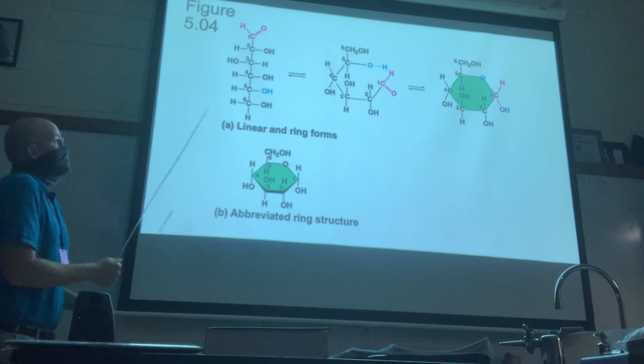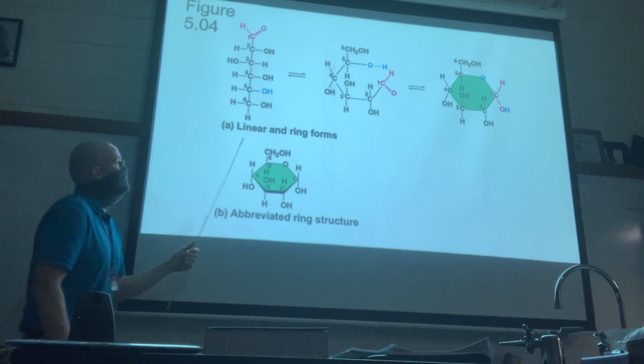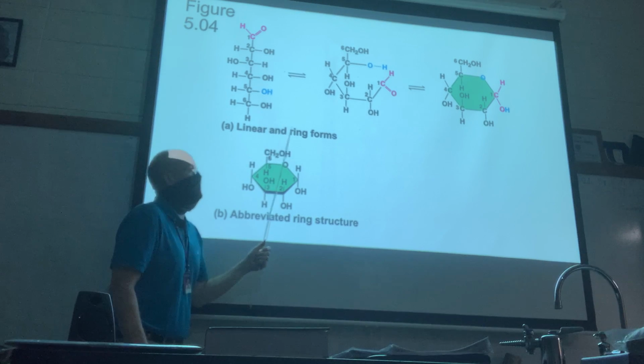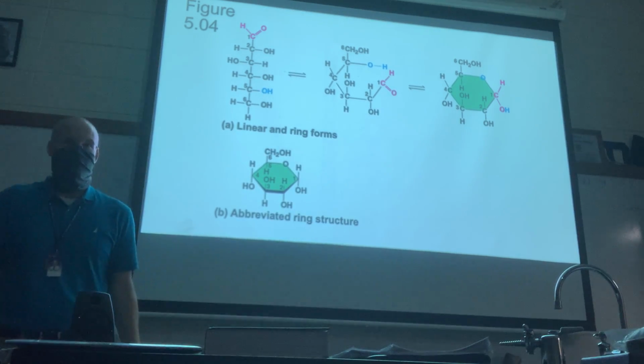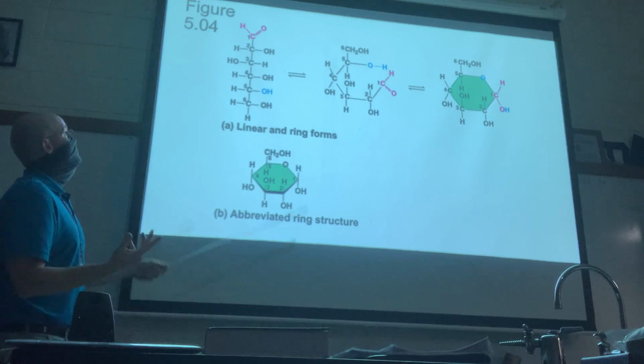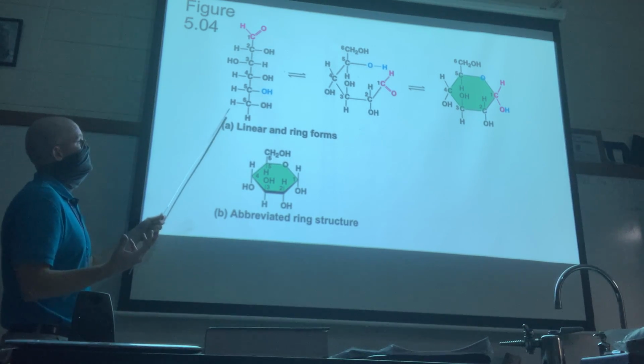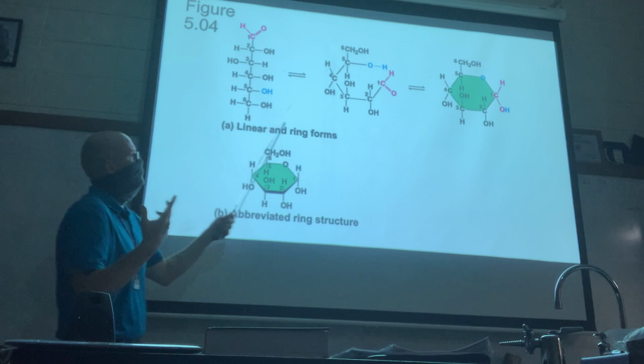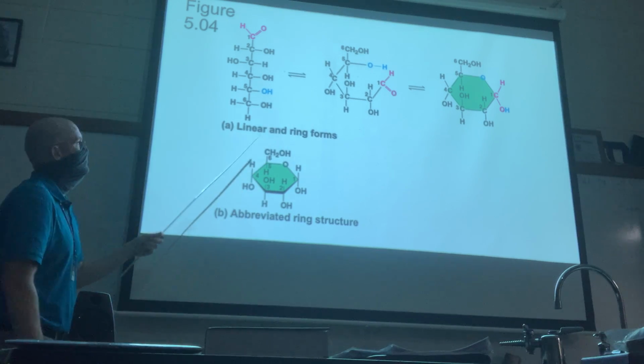Okay, so here you see these 2 terms, linear and ring form. A lot of your simple sugars, some of these simpler carbohydrates that you're looking at here, like this is probably glucose, it looks like glucose.